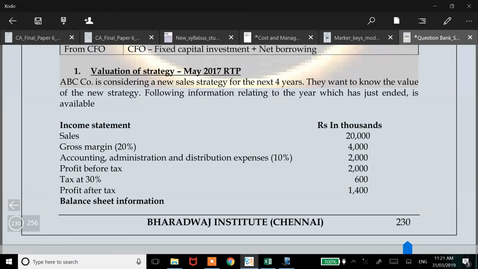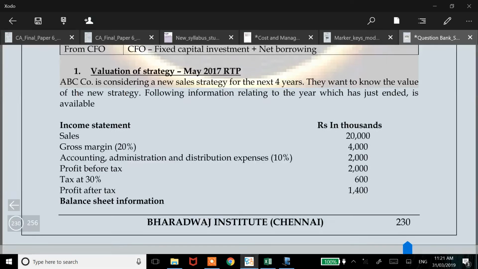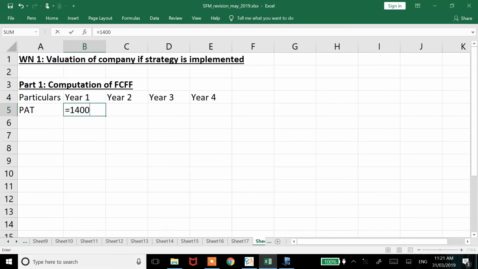So point number 1, directly I will write PAT. PAT will improve by 20%, 1400 into 120%.